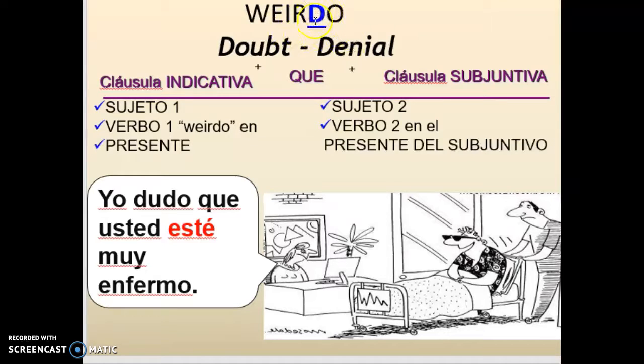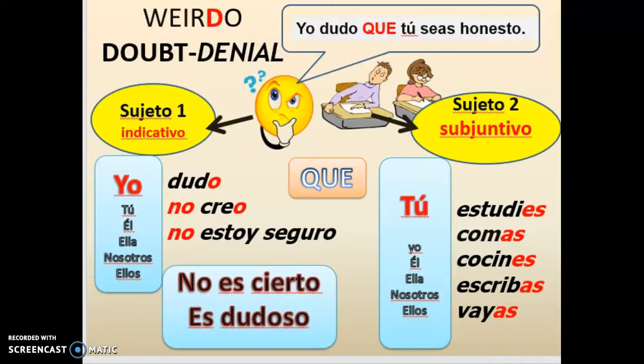Remember, doubt, always subjunctive. Here's some of those expressions used in sentences. No es cierto, es dudoso que tú estudies. No creo que tú estudies. Again, first clause here. Here's your subjects, followed by the que. And here's tú or the other subjects because it could be any of them.